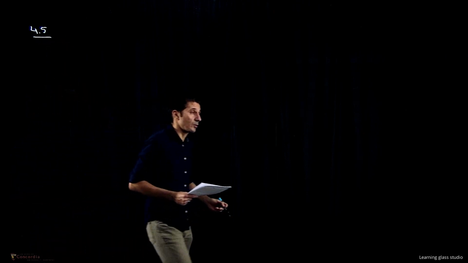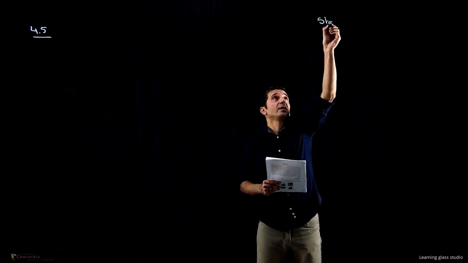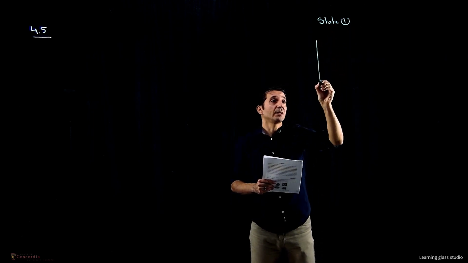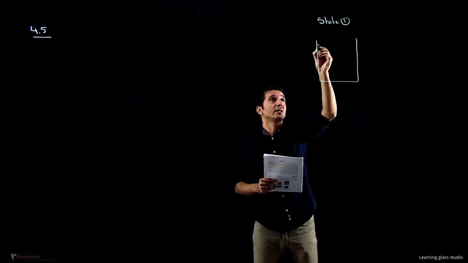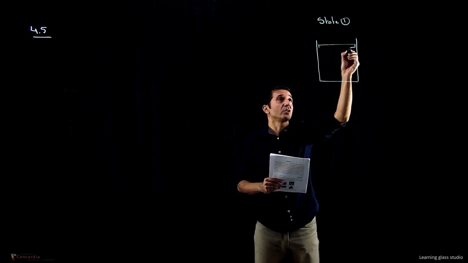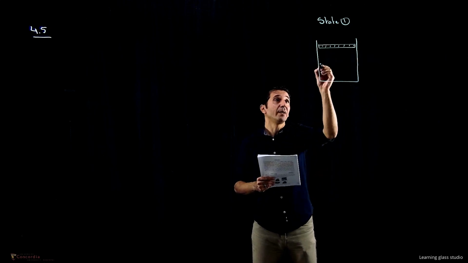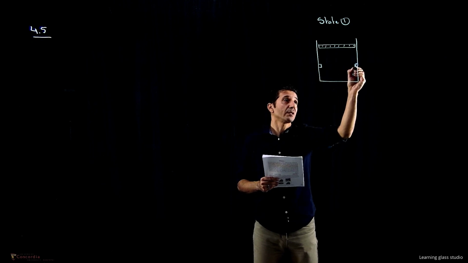Okay, so let's sketch this. We have state 1. It's a piston cylinder assembly. We have the piston at its top position. It's filled with steam, but specifically in this problem we have somewhere a set of stops.